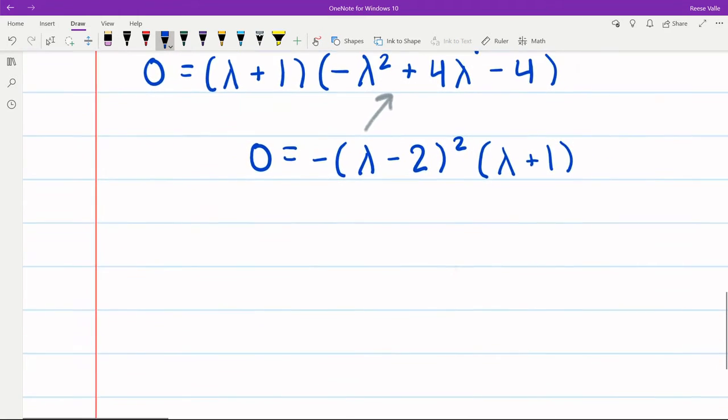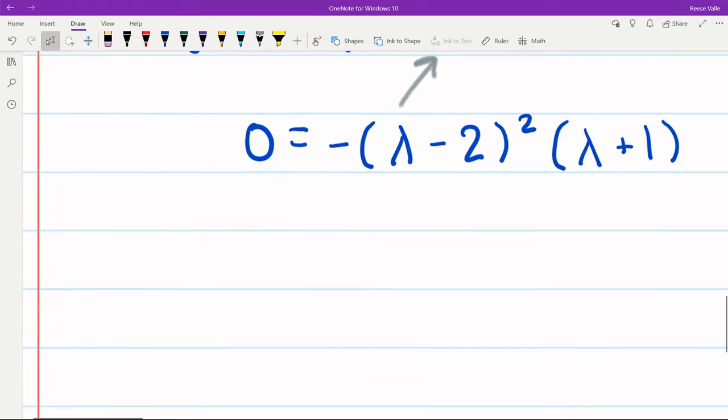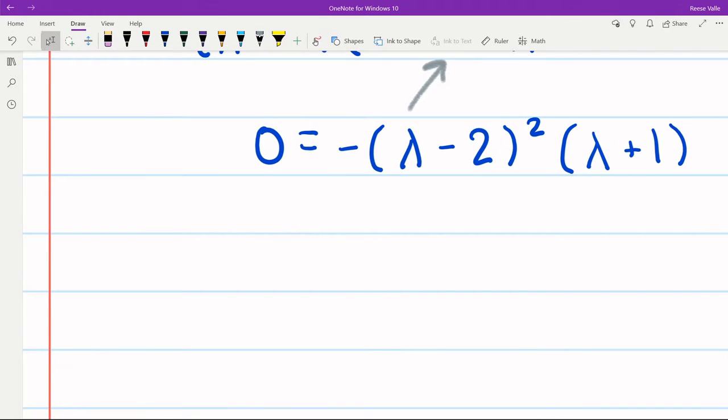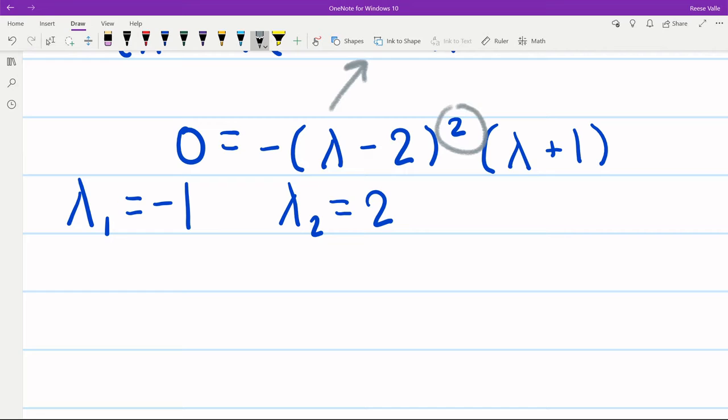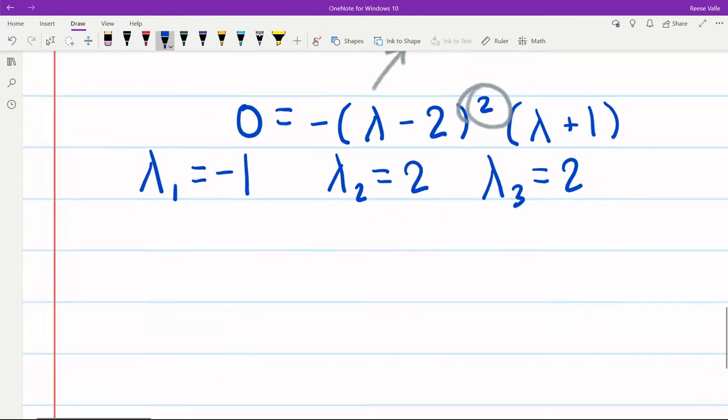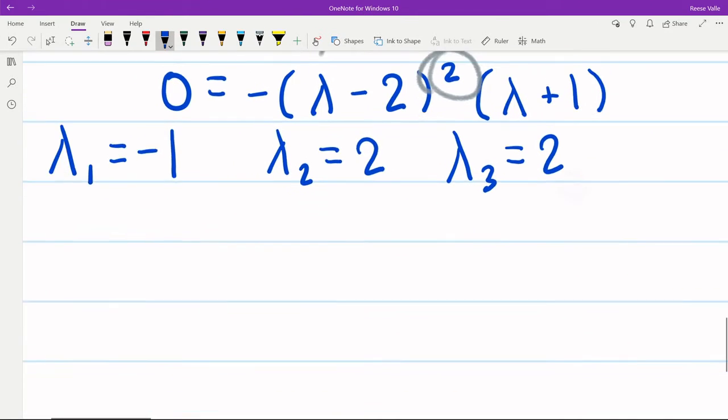So now that you know the lambdas, we're going to make lambda 1 equal to -1, then lambda 2 equal to 2, and because the multiplicity is 2 right here, there's technically 2 lambdas for the value of 2.